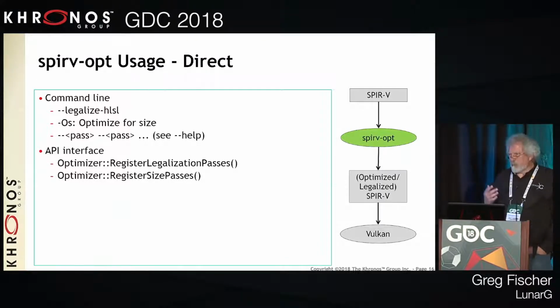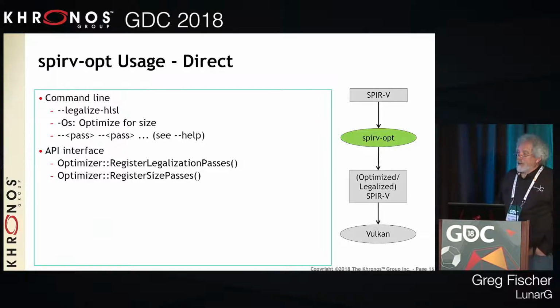So SPIR-V opt can be called directly on a SPIR-V file. There is a command line option just for legalization of HLSL and those operations. There's also an option to optimize for size.